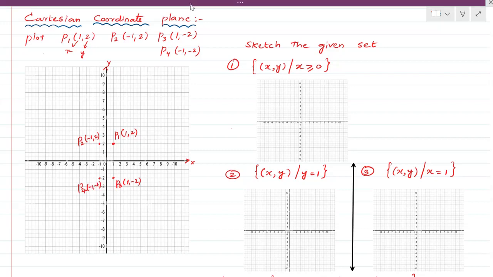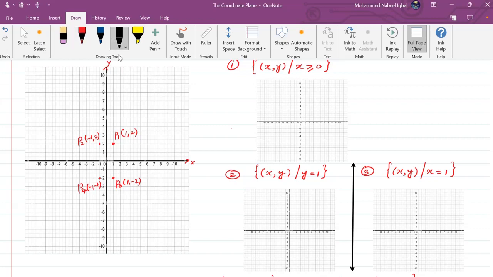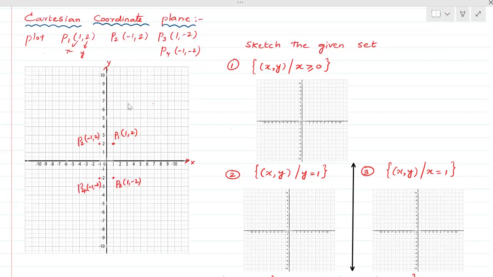If you note the points here, you will find that in this one both the x coordinate and the y coordinate are more than 0, both positive. Now let us check this one: here the x value is less than 0, whereas the y value is more than 0.